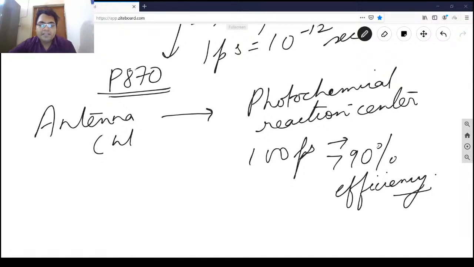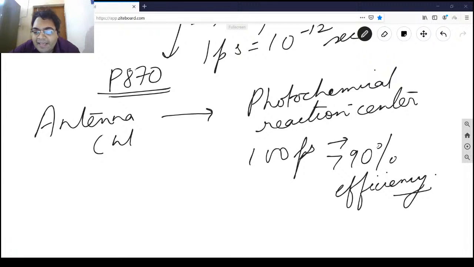Now coming to the next part, within 3 picoseconds of excitation, the pheophytin, which is the chlorophyll lacking the magnesium ion, gets reduced, receiving an electron and becoming a negatively charged radical.